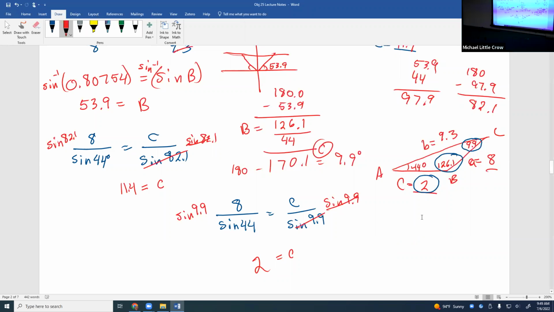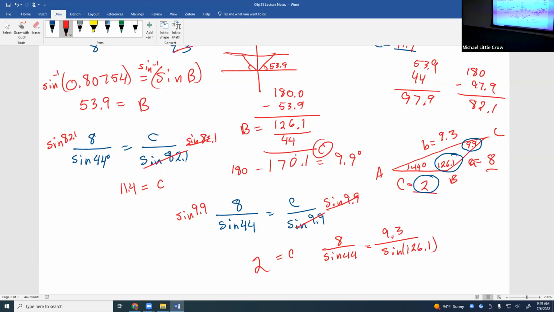What I'm going to do is notice B is now a different angle here. So is it still true that the ratio works, that 8 over the sine of 44 is still equal to 9.3 over the sine of 126.1?